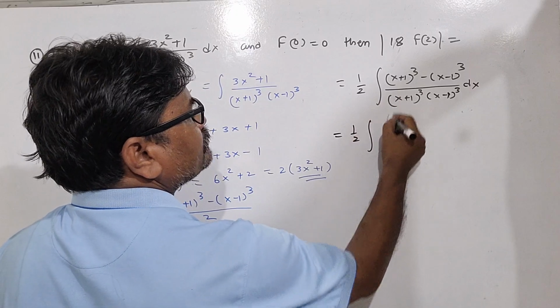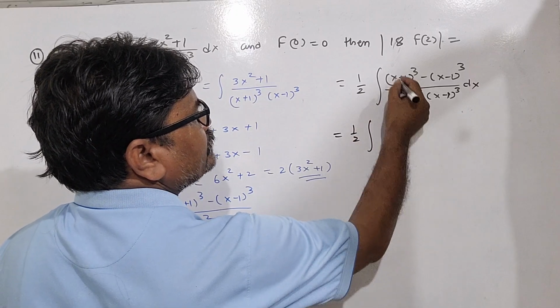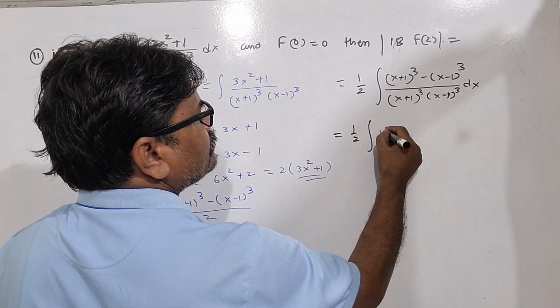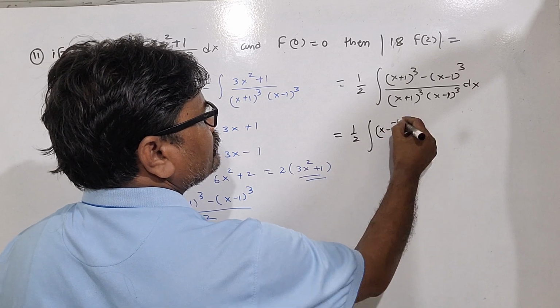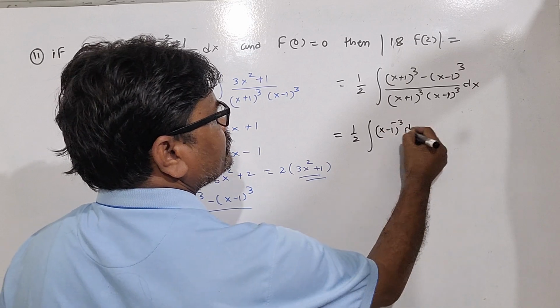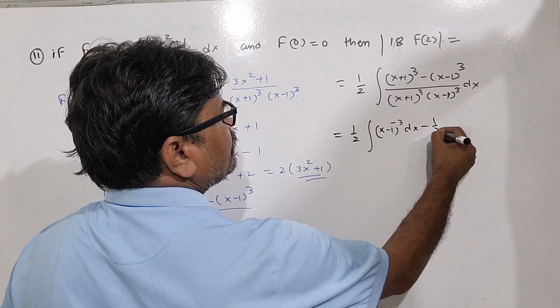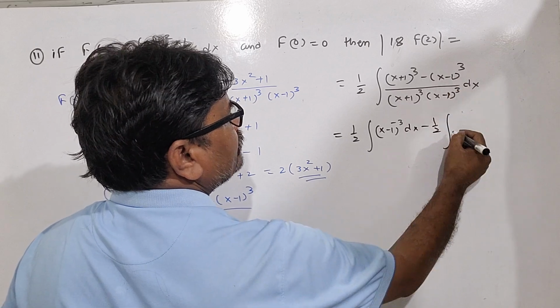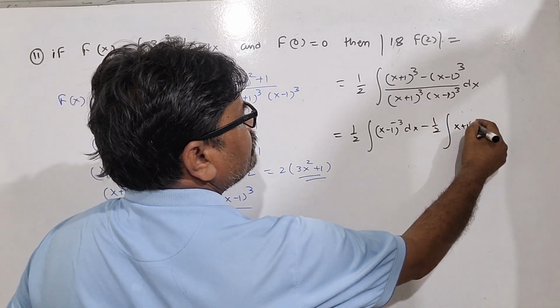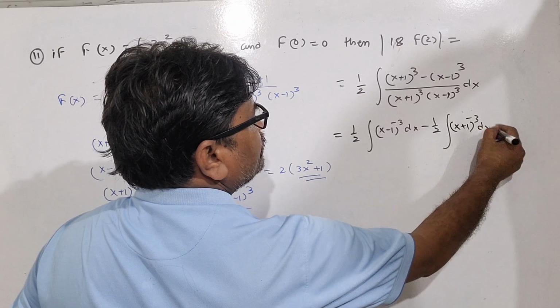Half integration of: (x + 1)³ will get cancelled out, so (x − 1) to the power −3 dx, and minus half integration of: this will get cancelled out, so (x + 1) to the power −3 dx.